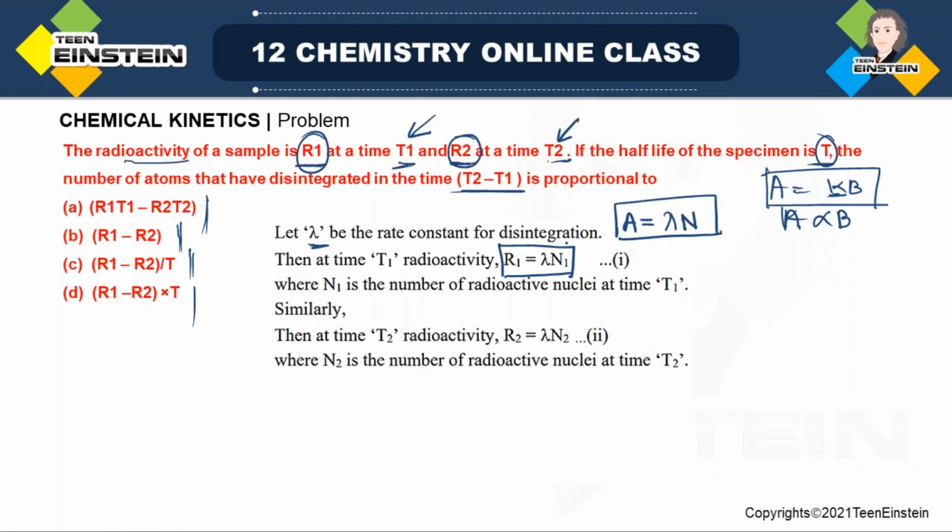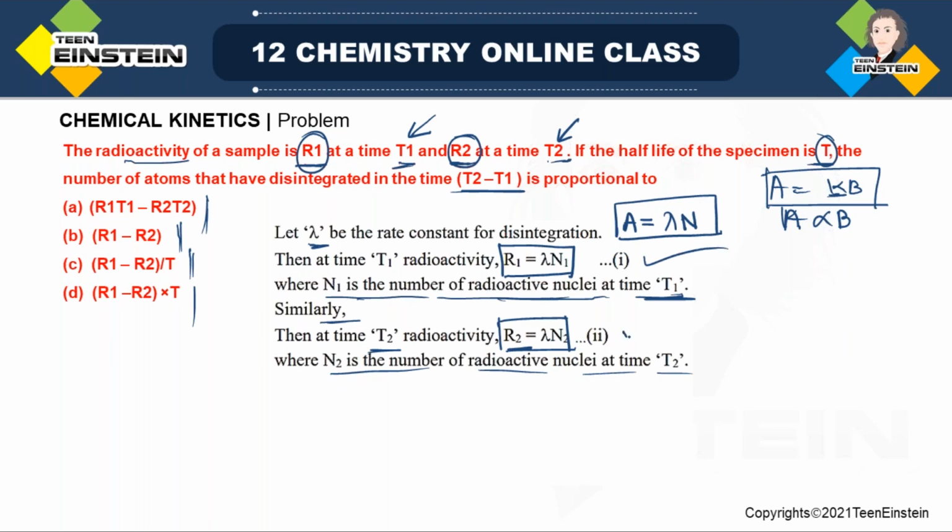So we apply this relationship here: when the radioactivity is R1, the decay constant will be the same because it is constant, and N1 is the number of radioactive nuclei at time T1. Similarly, when the time is T2, we have another equation, R2 equals lambda N2, where N2 is the number of radioactive nuclei at time T2.